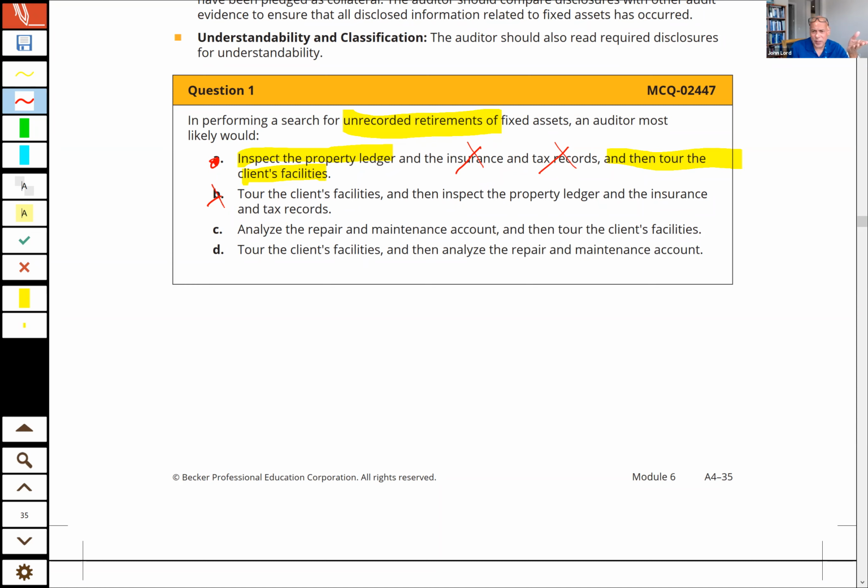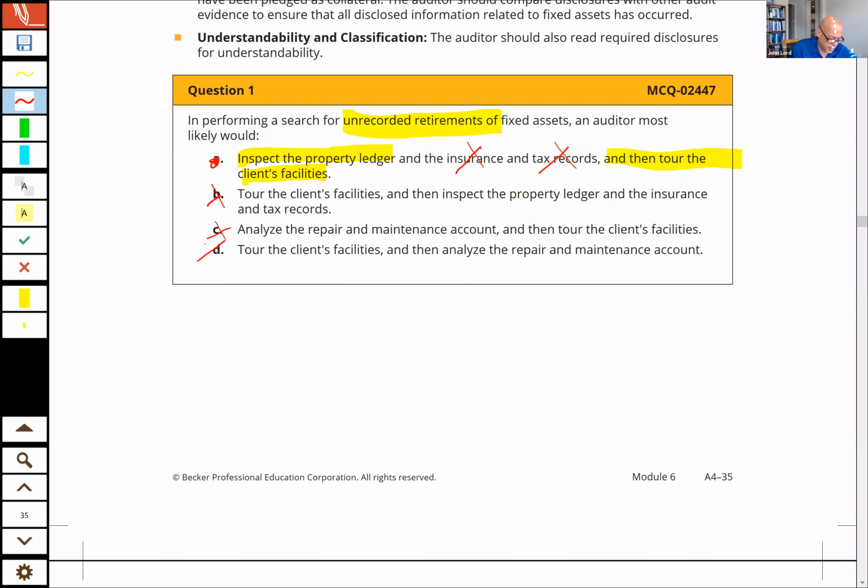You see something in there for $5,000 and you think it should have been capitalized, so you're going to go find this thing now. This would be a waste of time, I think. Tour the facility and then analyze the repair and maintenance account. To do what? Oh, okay, here's this thing. Let me see if they booked something in the repair and maintenance account for this thing.